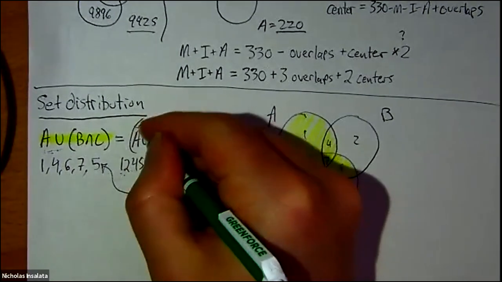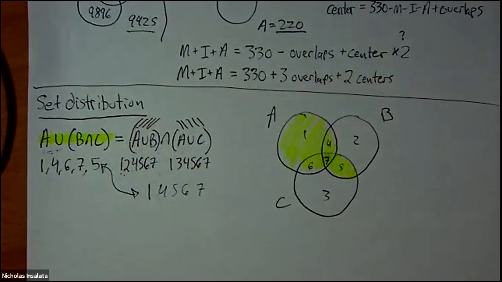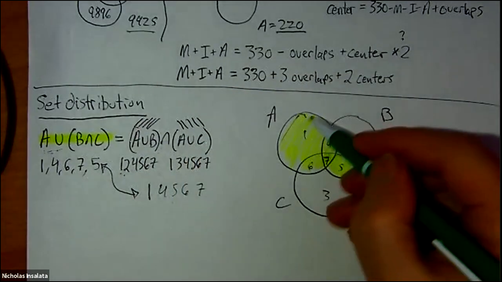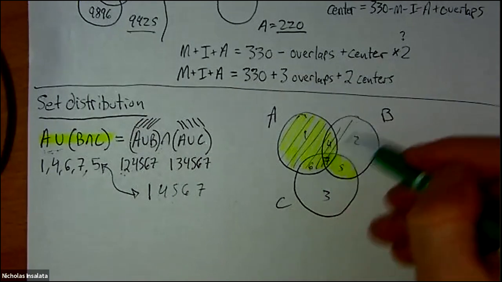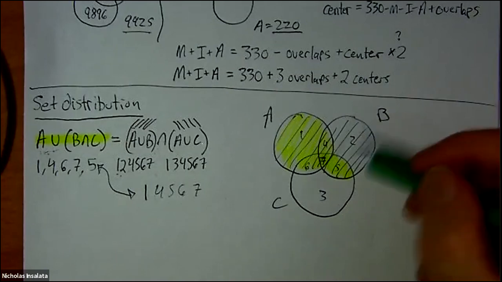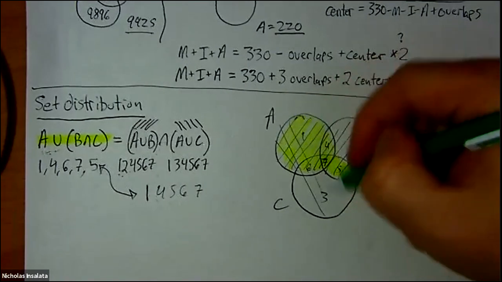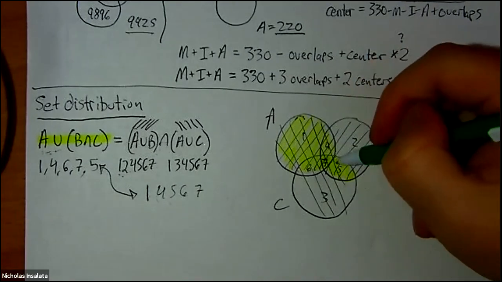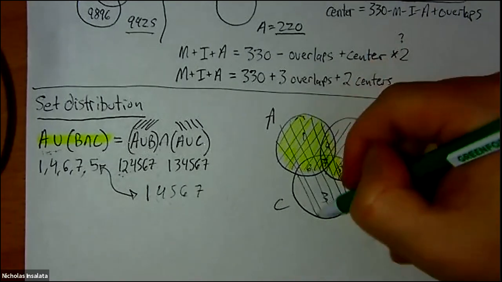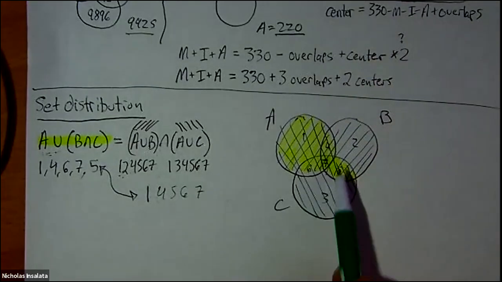So A union B, I'm going to do this way. A union C, I'm going to go that way. So A union B is this stuff, and A union C is this stuff. And the cross-hatched section is what's containing both.